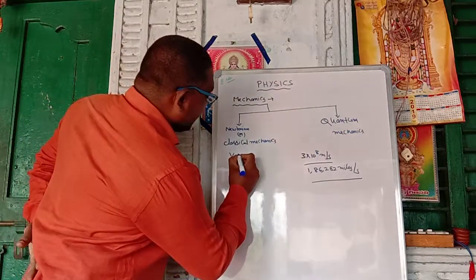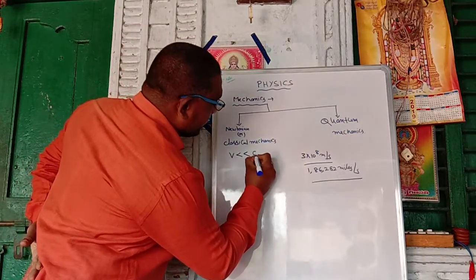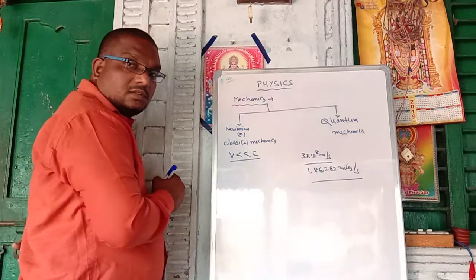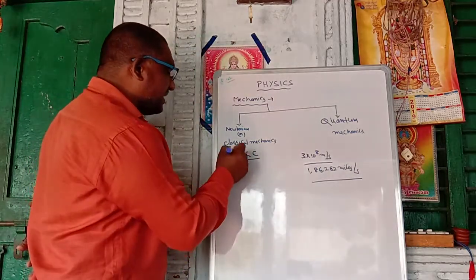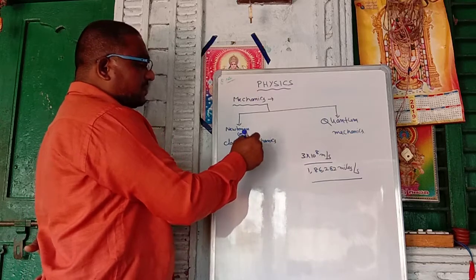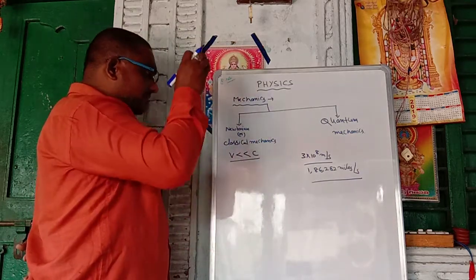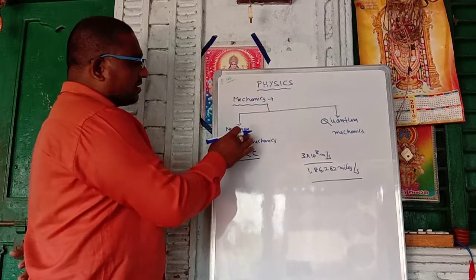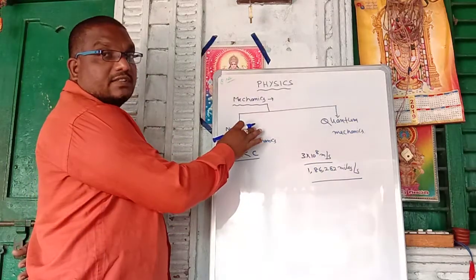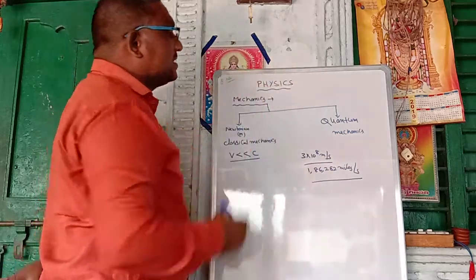It is very much less than the speed of light. When the speed of the body is very much less than the speed of light, then the study of the behavior of that body is called classical mechanics.